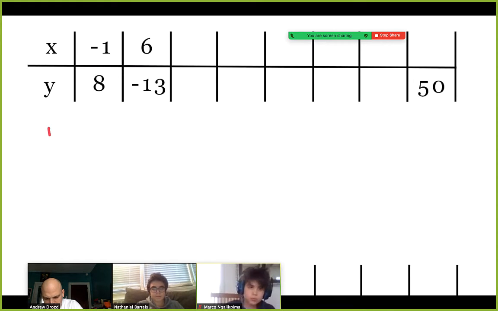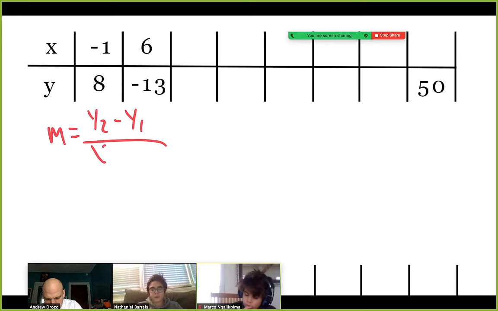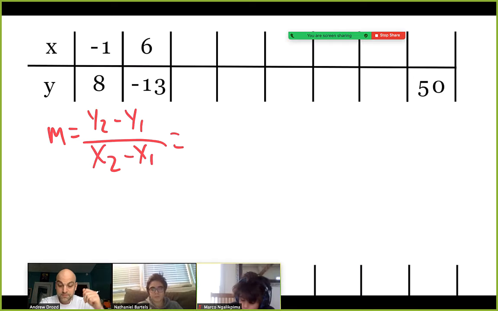So we've got to figure out the slope, which we remember is y2 minus y1 over x2 minus x1. And what values are we going to be plugging in, Nathaniel? We've been practicing this. Help us out.